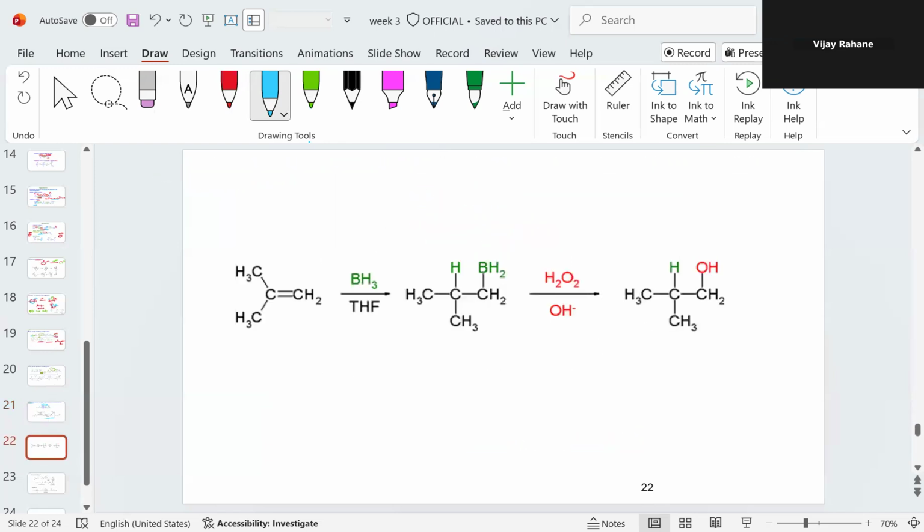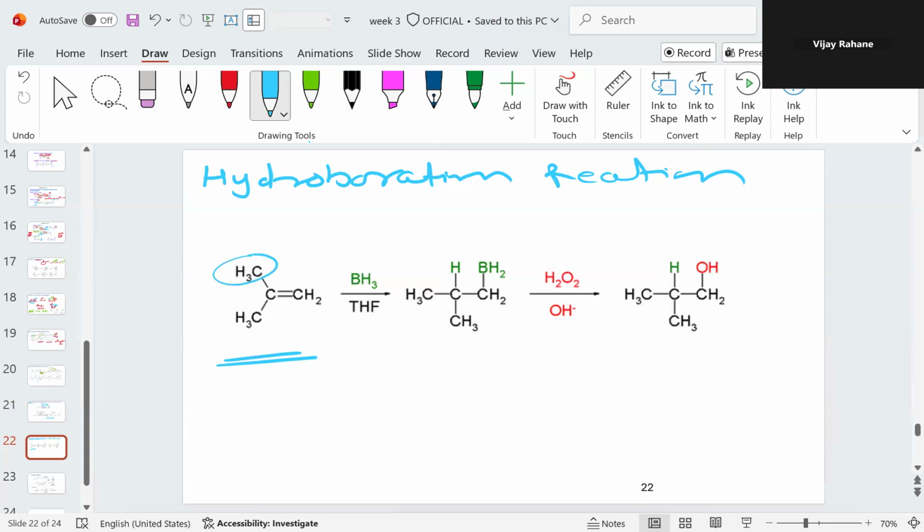Then another reaction is the hydroboration reaction. In this hydroboration reaction, if you have an asymmetrical olefin, that is, one carbon is different from the other of the olefin part, then the BH3 addition occurs in this manner.